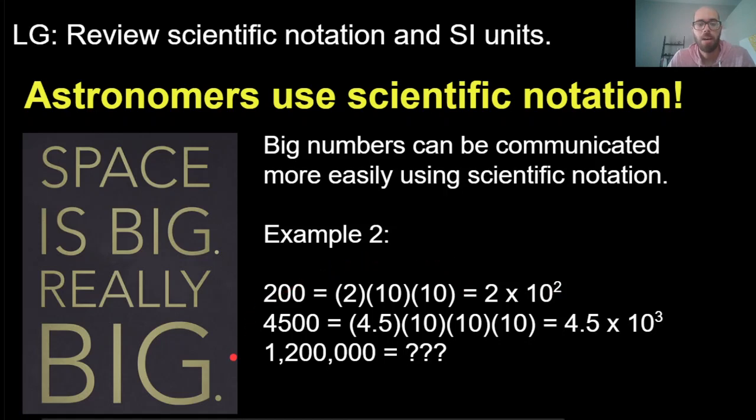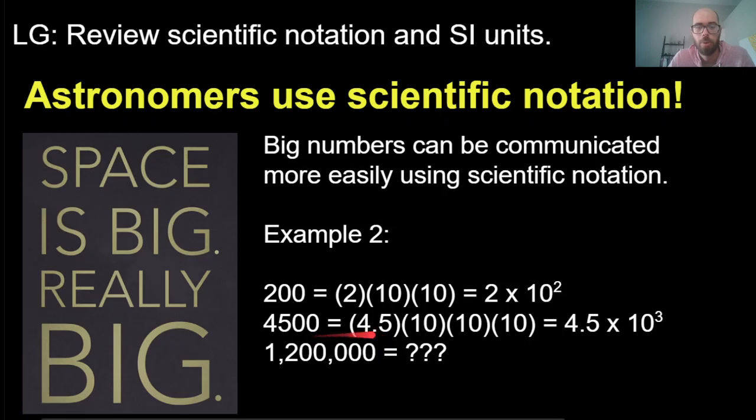Okay, the number 4,500, this one's a little trickier. So this is going to be our strategy. We're going to write the number 4, so this is the leftmost digit. Then we're going to write a decimal place after the 4, and then we'll write the trailing digits. In this case, just a 5, because those trailing zeros, they're implied, they don't really matter.